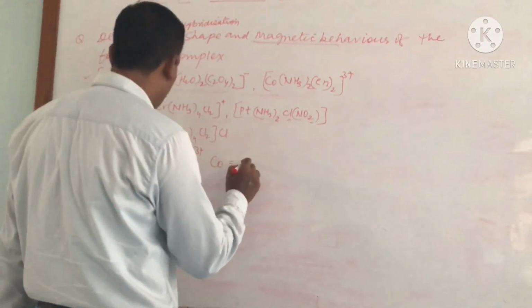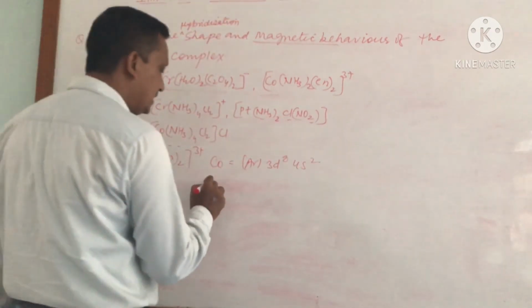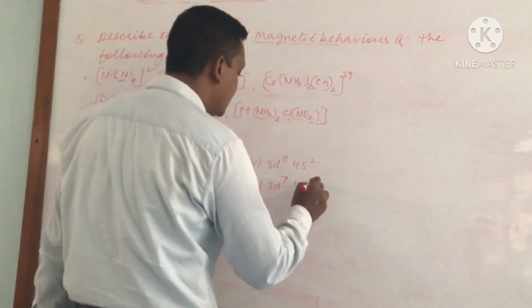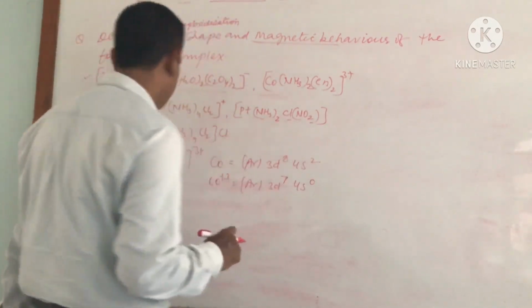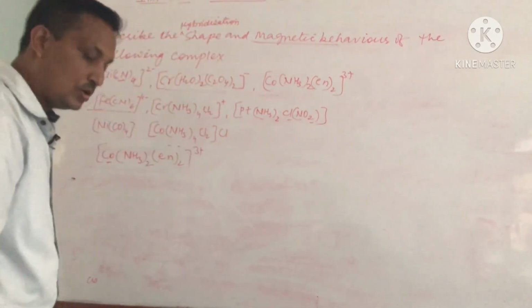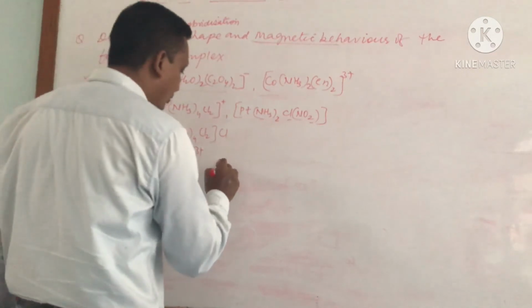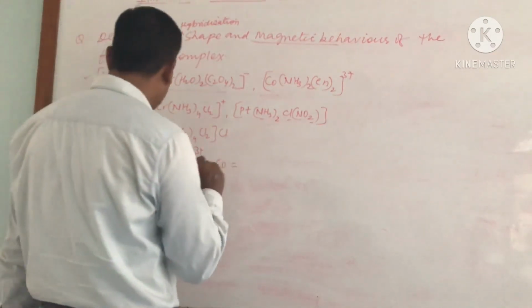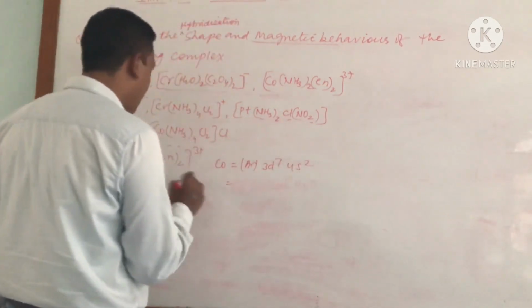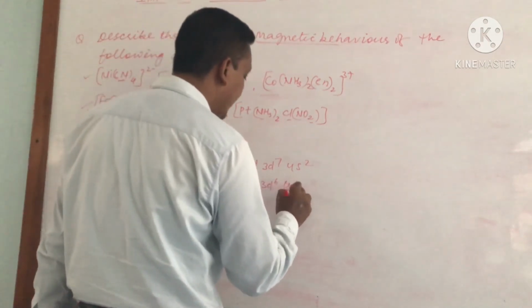The electronic configuration of cobalt would be argon 3d7 4s2, and in this complex cobalt is in +3 oxidation state, so we get argon 3d6 4s0.